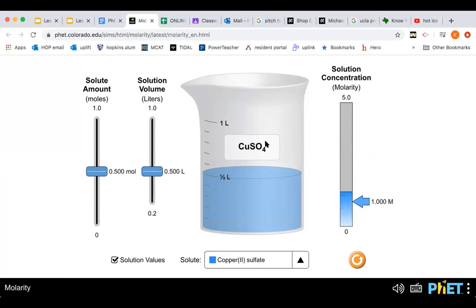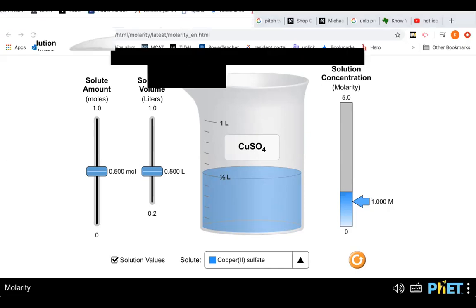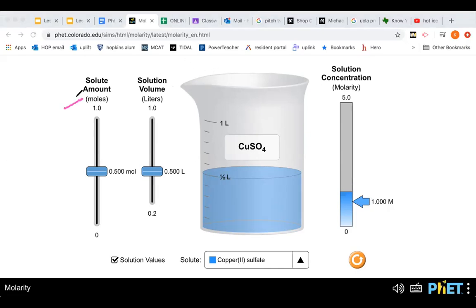So we can look at copper sulfate. It's 1 molar now. You can increase your amount of moles a little bit. If you can increase your amount of moles and everything stays dissolved, it must be unsaturated. Here we go. Let's increase it. All right, I just increased my amount of moles. Everything is still dissolved.